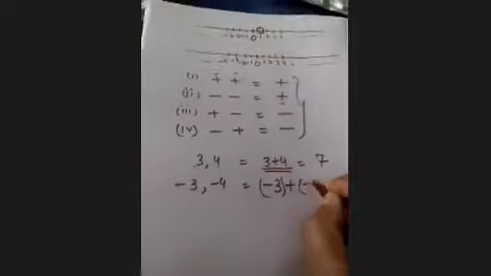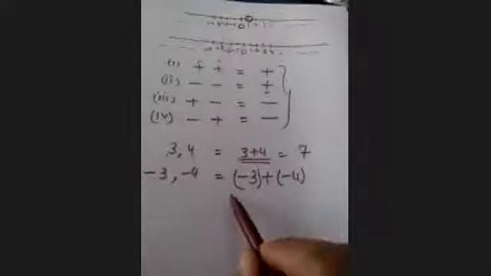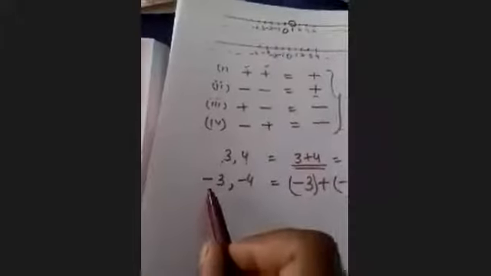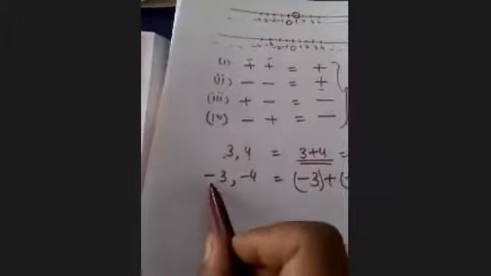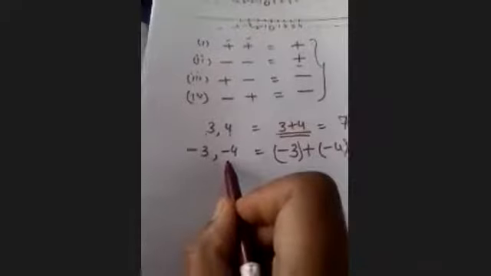Now add these integers, -3 plus -4. Now both integers are negative, minus 3 and minus 4. Now add these two integers, minus 3 plus minus 4.